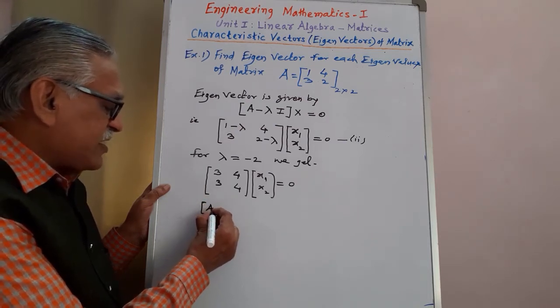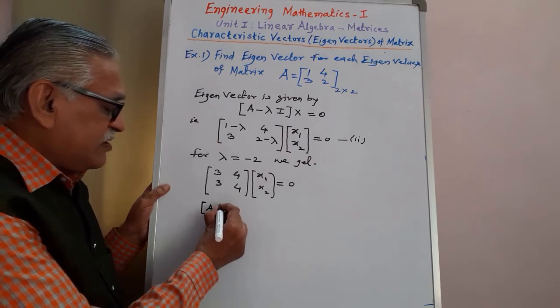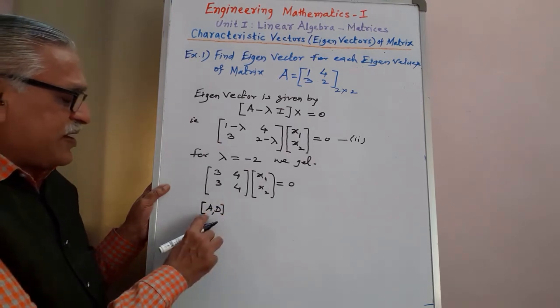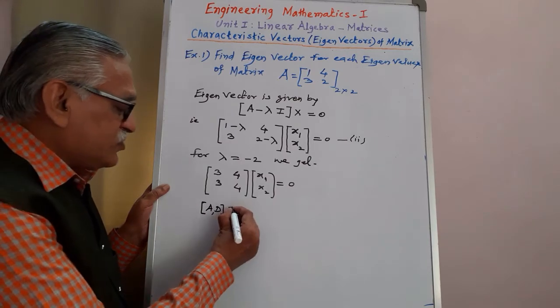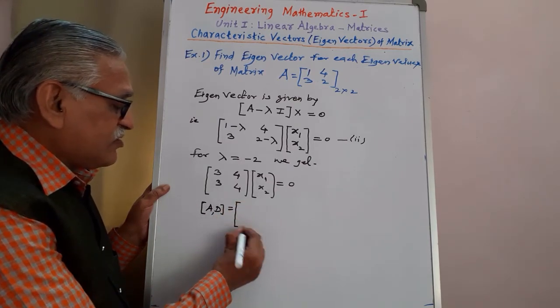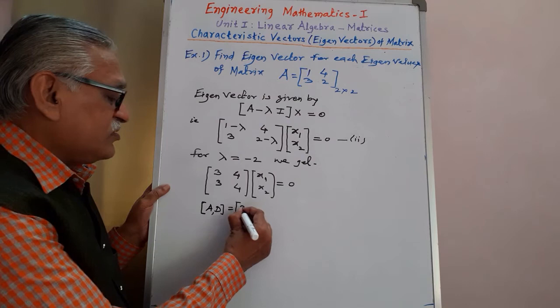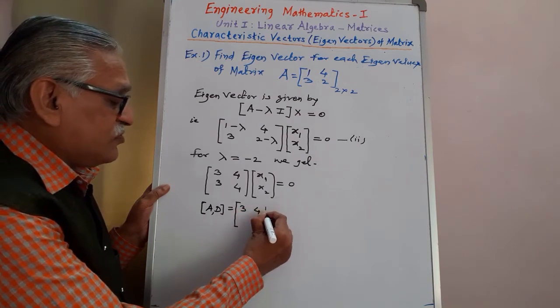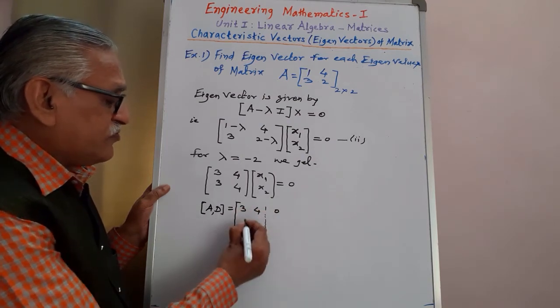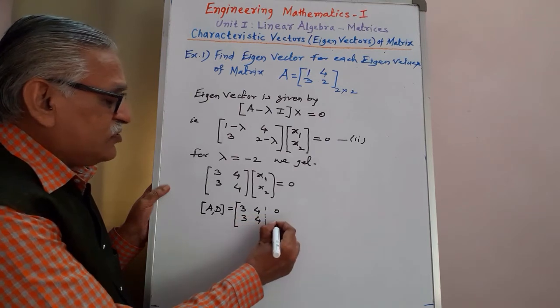the augmented matrix of the combination of matrix A and matrix D is equal to, we have 3 4 0, 3 4 0.